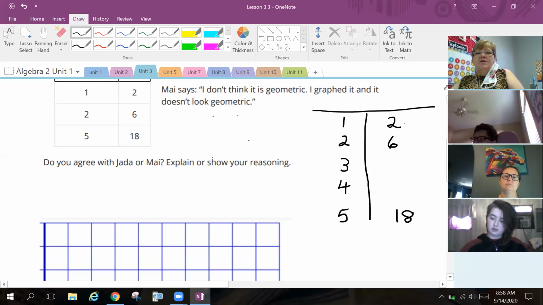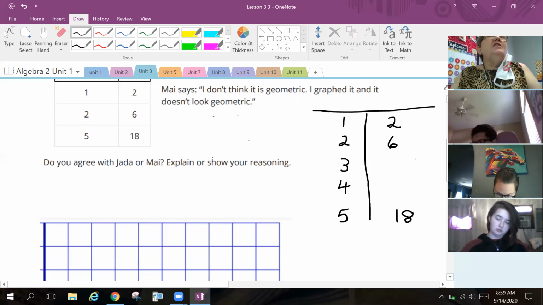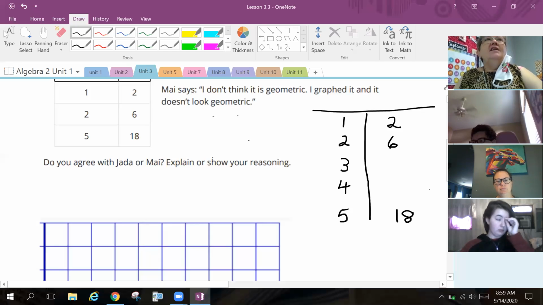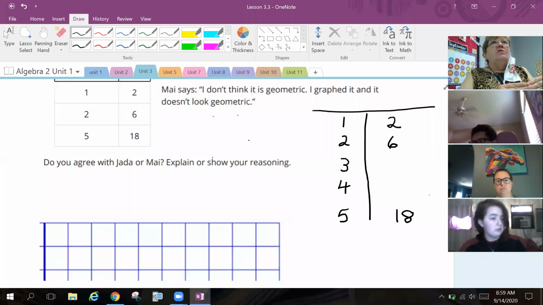That could work with the first and second, but here's what they're wanting you to see. In order to find the sequence, you cannot just use the first 2 values, can you? No, because within the first 2 values, there could be a lot of different sequence rules.